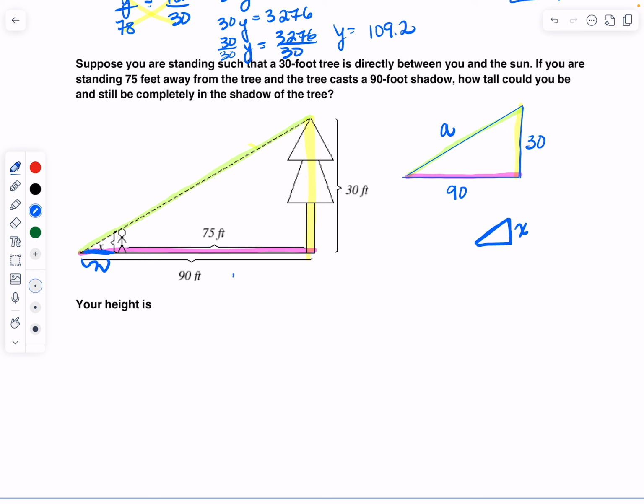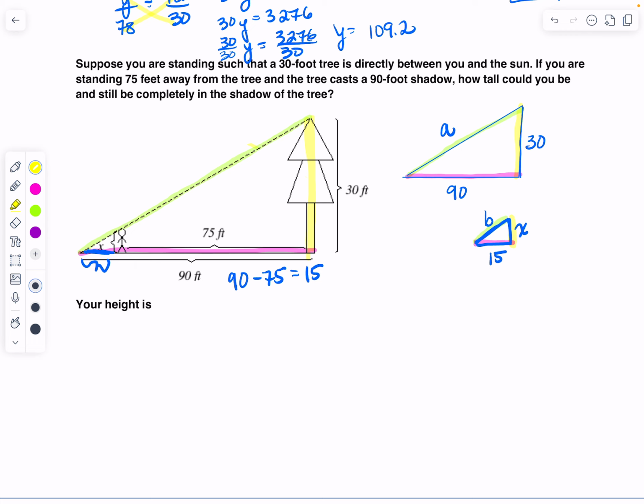And to find that, I have to take 90, which is the total length, minus 75. And when I do that, I get 15. So the base of the small triangle is 15. And I don't know what the hypotenuse is, so I'm going to say that's B. Okie dokie. So again, color code. So the hypotenuse is green, the base is pink, and the height is yellow.